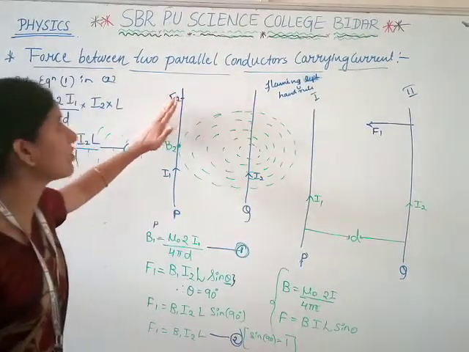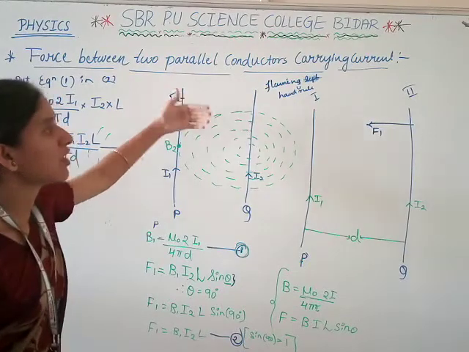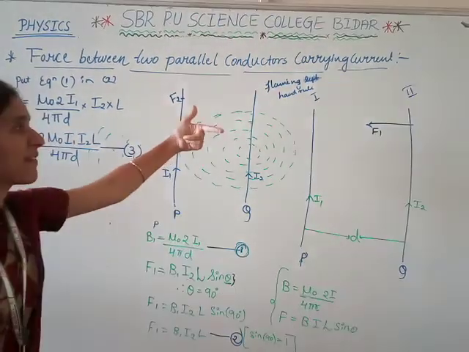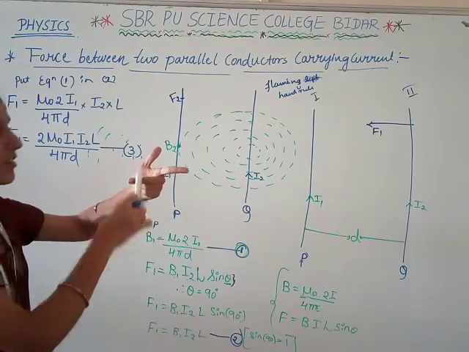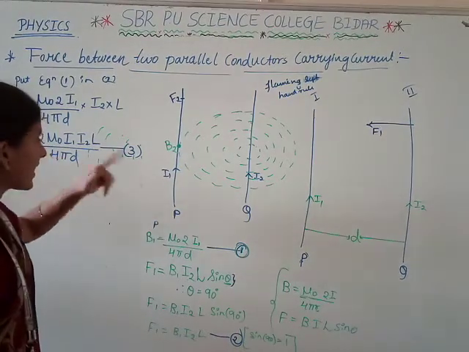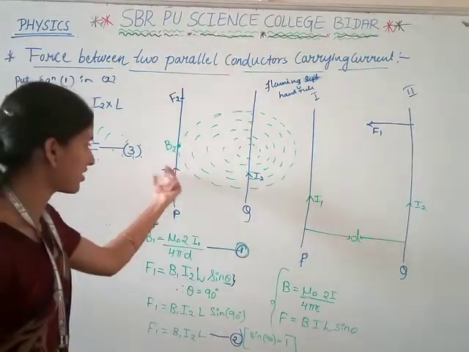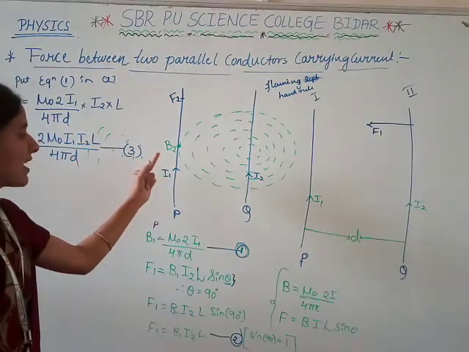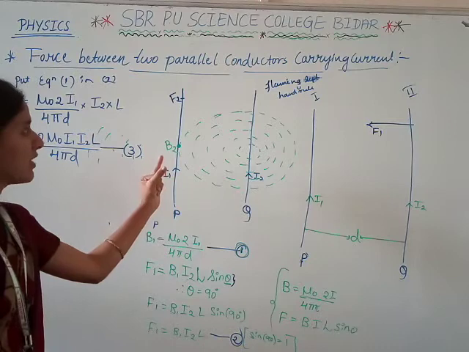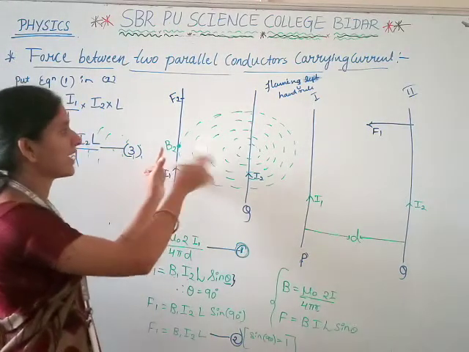In which direction the conductor experiences the force F2, we have to find by Fleming's left hand rule, using the force, magnetic field and current. Okay. When the current is flowing in this direction, you have to take the magnetic field in this direction and the current also in the inward direction.